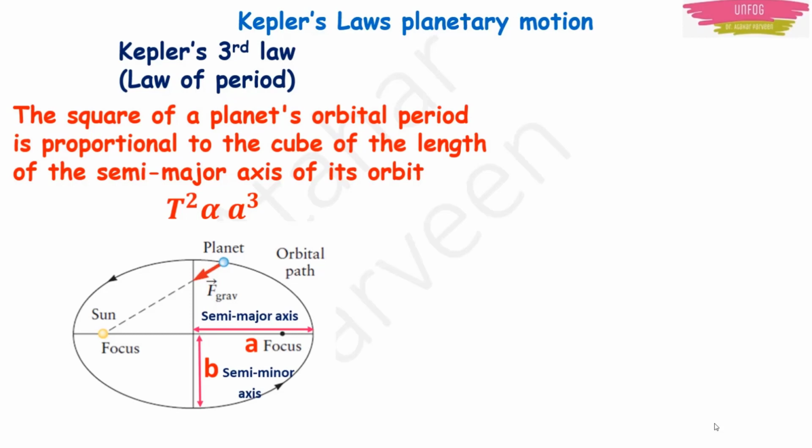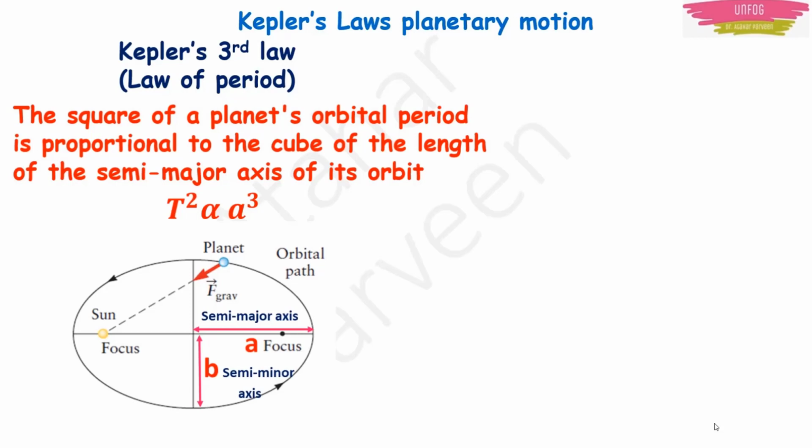This is known as the semi-major axis A. So according to Kepler's third law, the square of the orbital period is proportional to the cube of the length of the semi-major axis. I have depicted very simple and easily understandable pictures for you all so that you can grasp these Kepler's laws easily. So look at those pictures and then imagine what the law says.